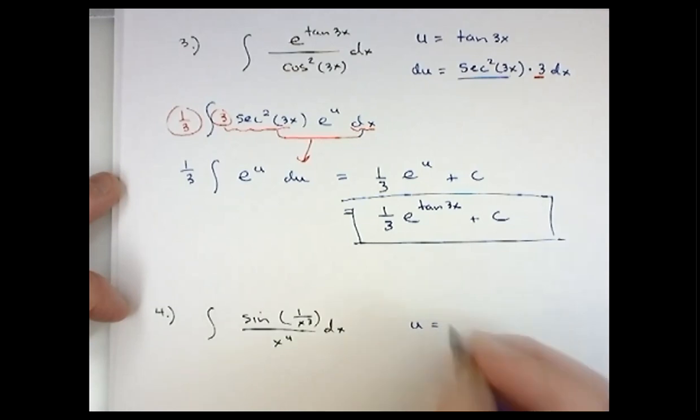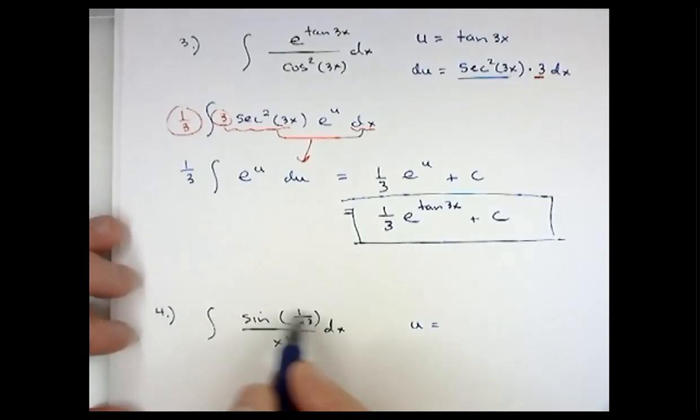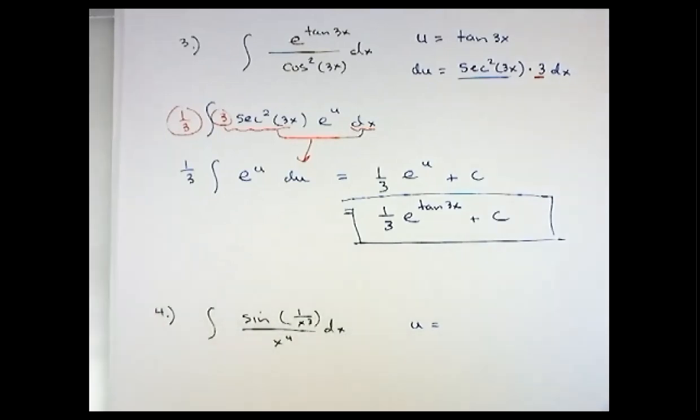So how about the next one? What would be a good choice for u? I wouldn't want to let u be the whole sine, because the derivative of that would have a cosine, and I don't have that anywhere else.